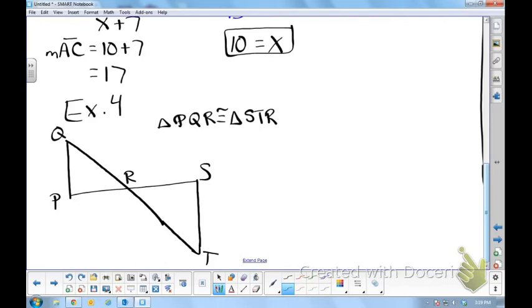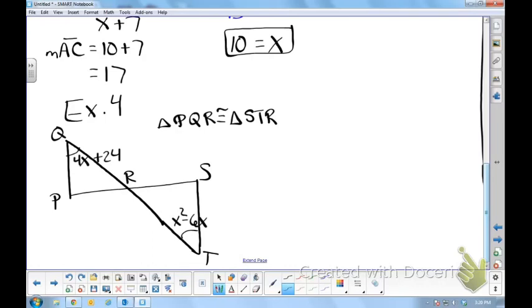So let's say we know that this angle is x squared minus 6x, and we know that this angle is 4x plus 24. Now again, we know they're congruent, so we know each individual part is equal to each other.